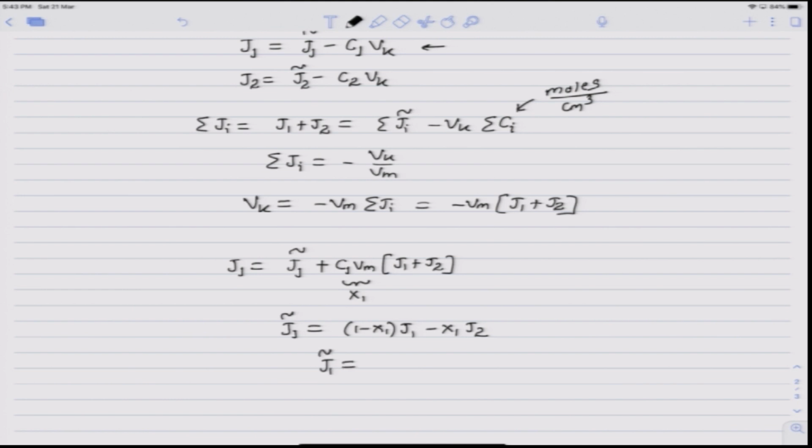So the interdiffusion flux can be expressed in terms of intrinsic fluxes of the two components as x2 J1 minus x1 J2.